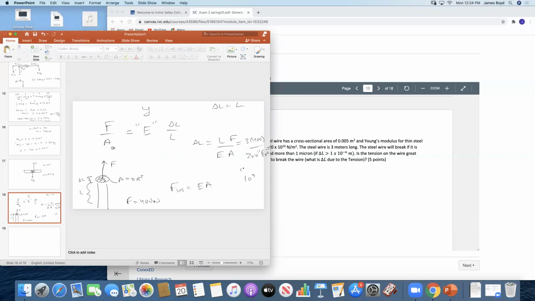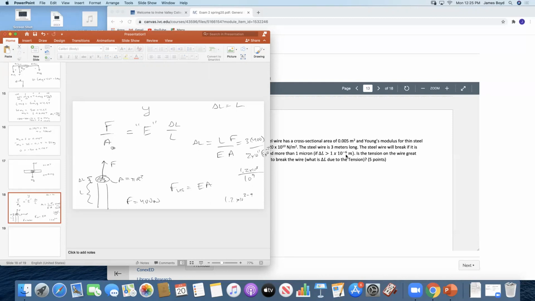This is 12, or 1.2 times 10 to the 3rd. If I take scientific numbers and they're divided, you subtract the bottom one. So this is 1.2 times 10 to the 3rd minus 9. That's 1.2 microns. And you can see that that means that delta L is greater than 1 times 10 to the minus 6.